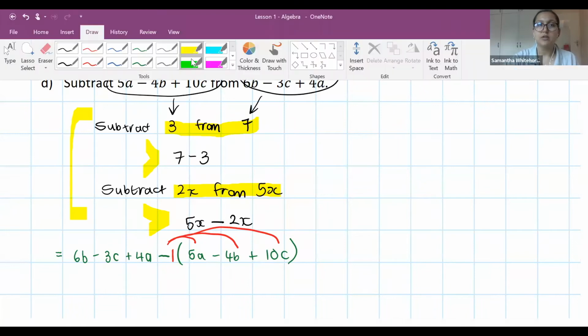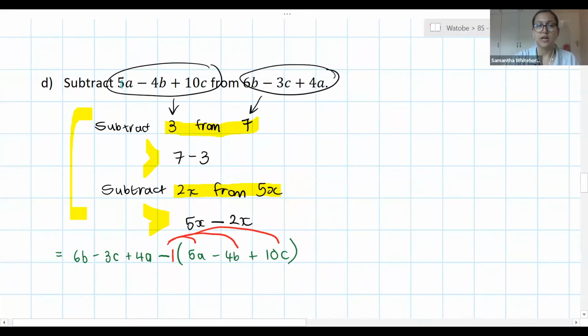And so if I look at my original question, I'm saying take this expression away from the second expression. So take 6b minus 3c plus 4a and minus the 5a minus 4b plus 10c. I want to take the first expression away from the second expression.